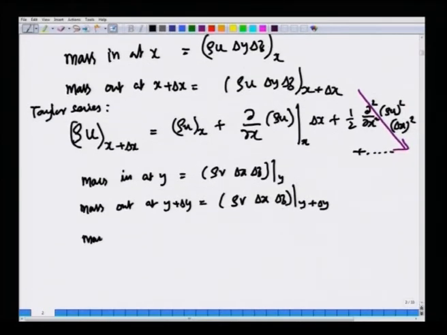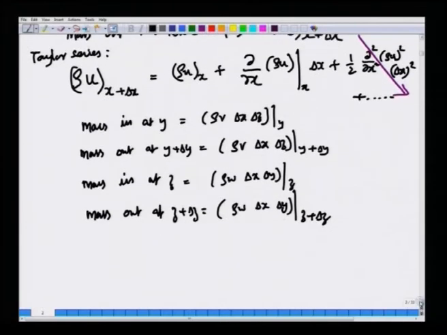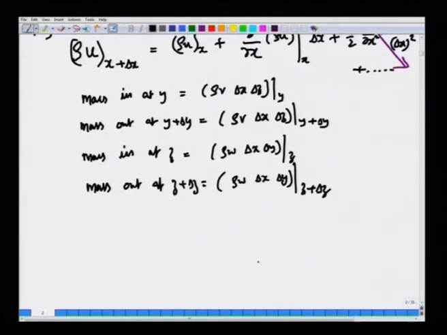Then mass in at z is rho w delta x delta y, and mass out at z plus delta z is rho w delta x delta y at z plus delta z.